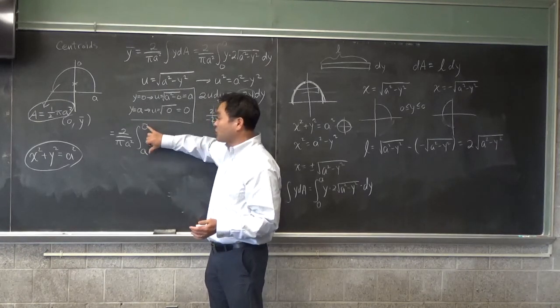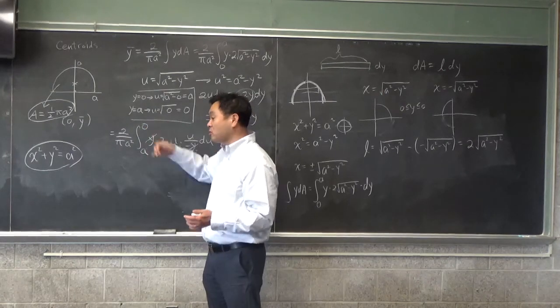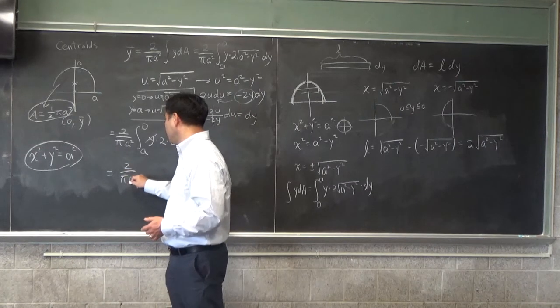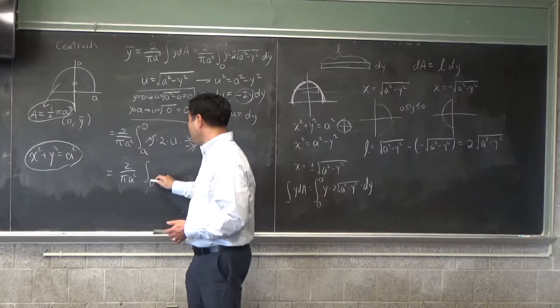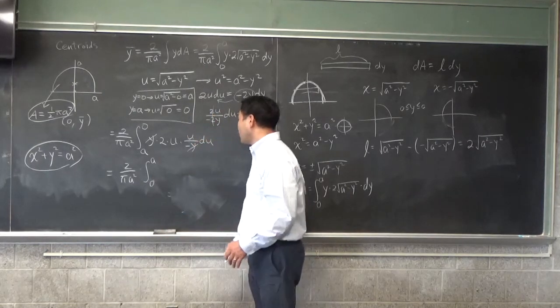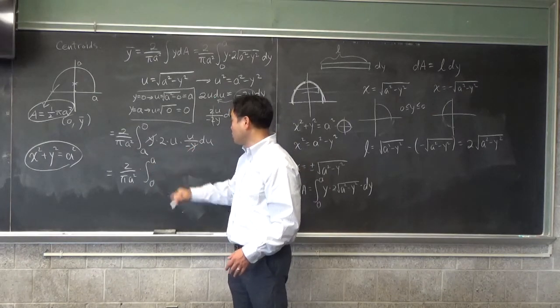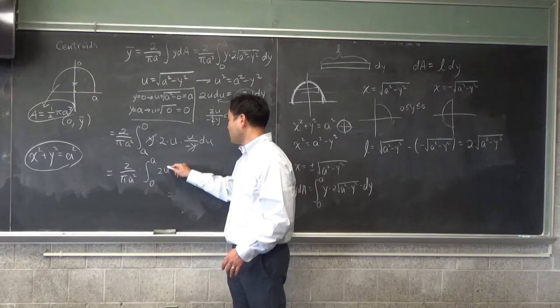So it's more natural to have 0 to a rather than a to 0. So we flip this around, and that gives you 2 over pi a squared, integral from 0 to a. The negative is now gone. It was used to switch these two around. And you have 2u squared after canceling.